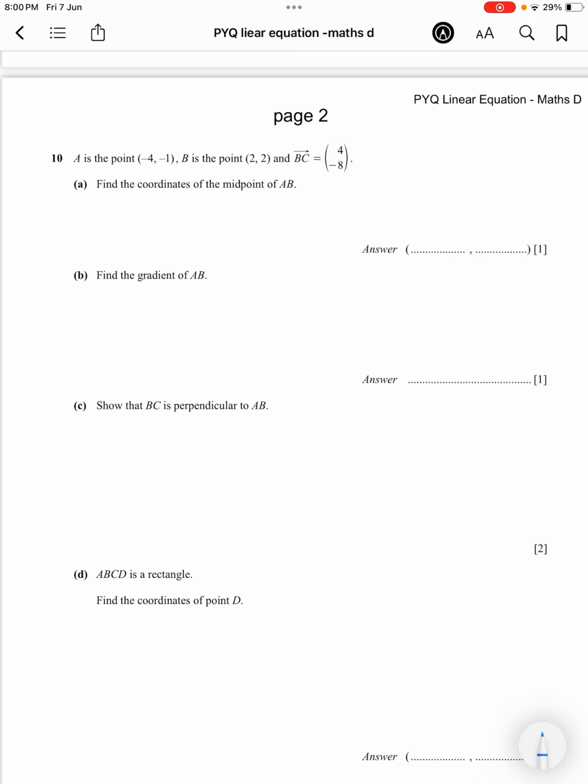Right, next one, find the coordinates. This one is vector, but don't worry about it. Find the coordinates of the midpoint of AB.